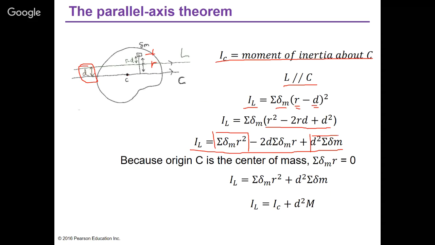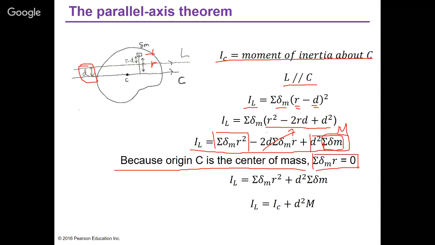The third term is here. This one will be the total mass times d squared. And what is the second term? Because the origin C is the center of mass, the sum over r would equal 0. This is basically the definition of a center of mass. That's why this term cancels out.